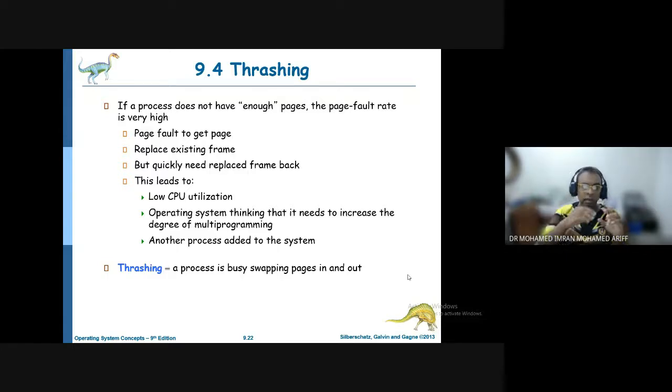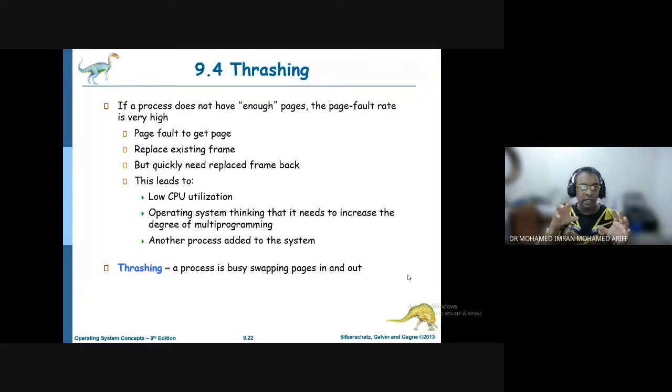Because page fault means the file is not inside the physical, but the file is inside your hard disk. So the operating system needs to go and get it from the hard disk, masuk balik dalam physical. The longer it does this, the process is called thrashing.